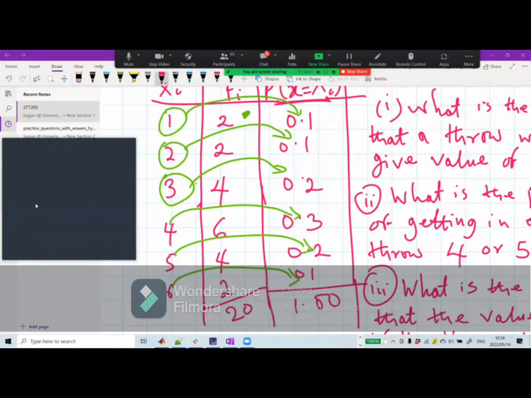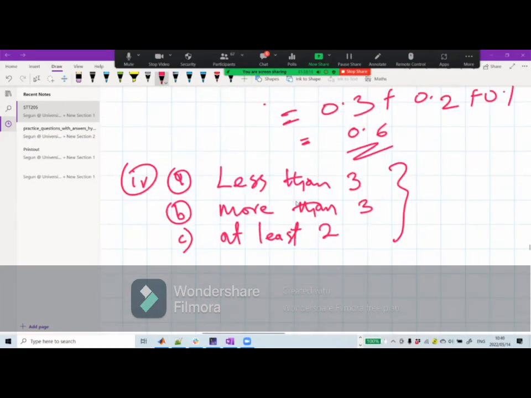Just do your own in your notes. So less than 3, more than 3, at least 2.